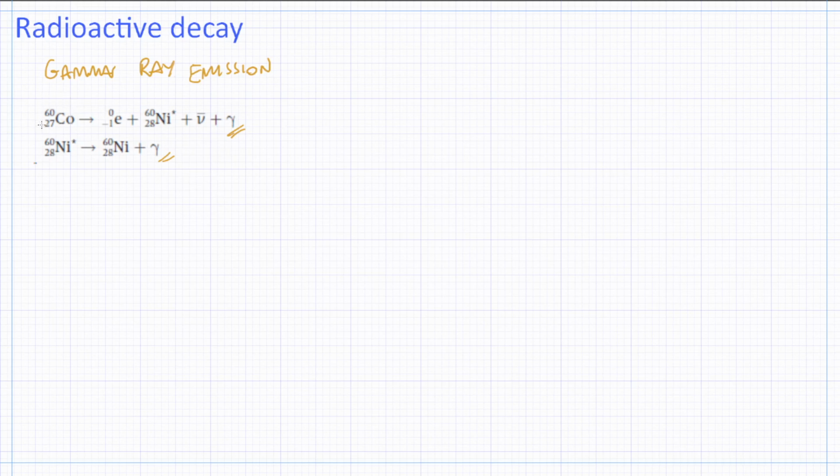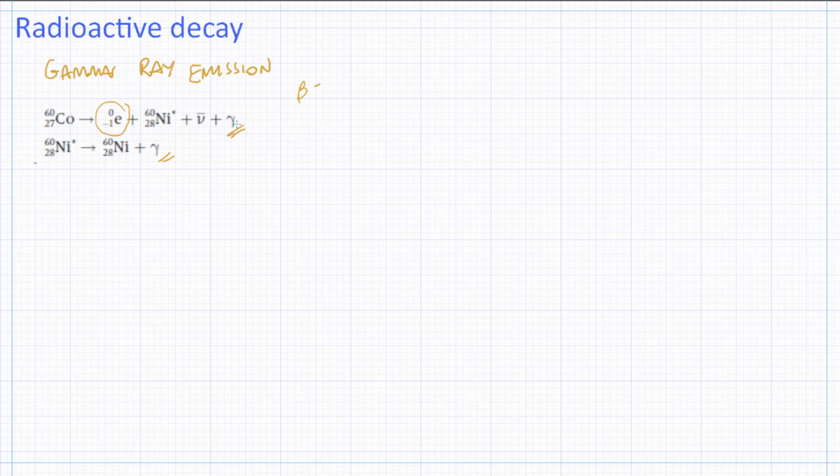So in this first case here, it's showing you the whole process, not only gamma ray emission, but combined with another decay. Are you able to find out which one it is? So since you're shooting off an electron, that's beta minus, right?